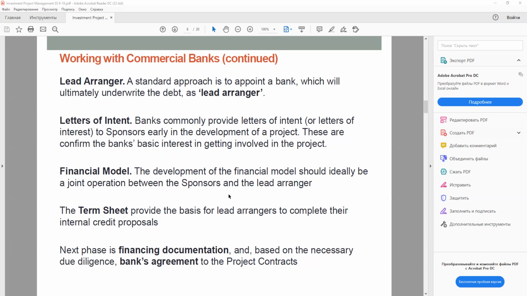That's how the commercial banks are organized within, and what are the general steps in the process of securing project finance.